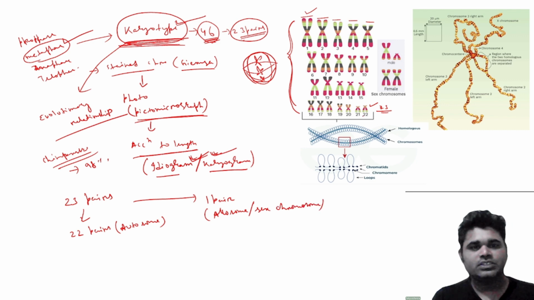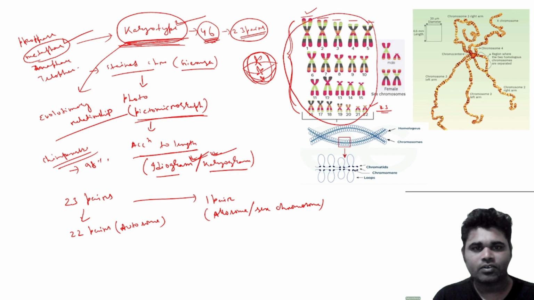So these 1 2 3 4 5 6 7 8 9 10 11 12 13 14 15 16 17 18 19 20 21 22 are called the autosomes, and this one is called the allosome, or the sex chromosome.